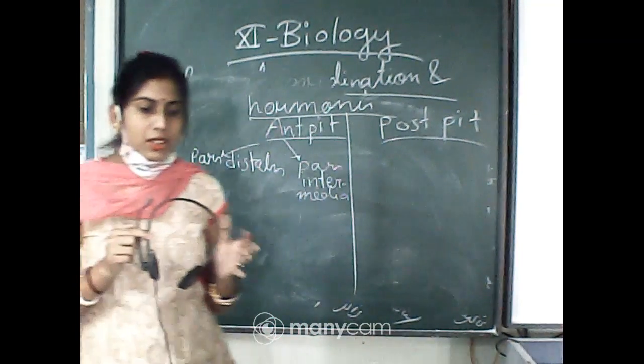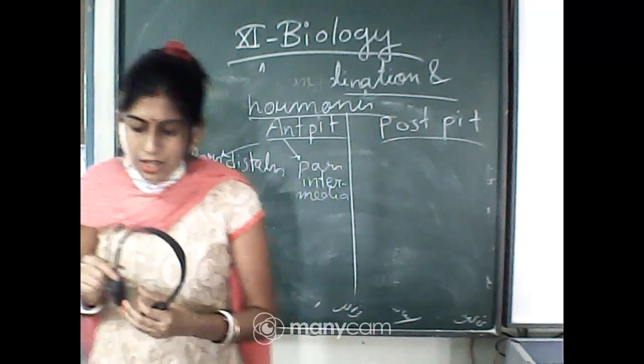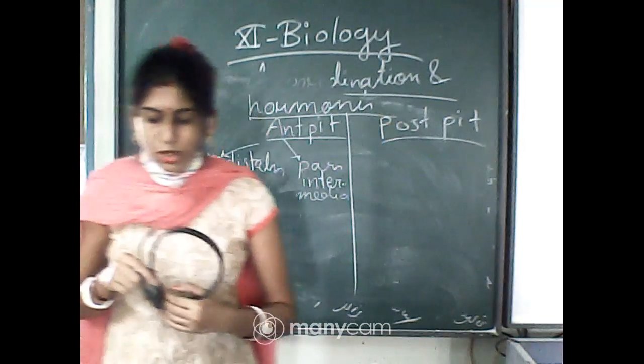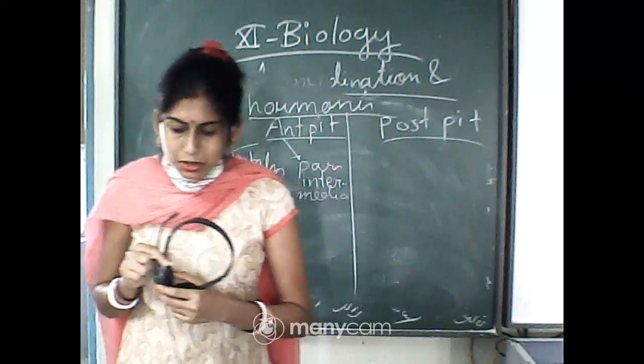What are the different hormones that can be released from the pars distalis part, which is commonly called anterior pituitary?